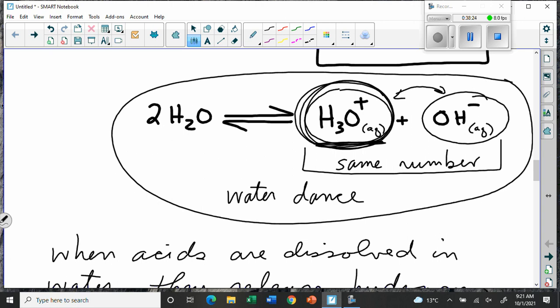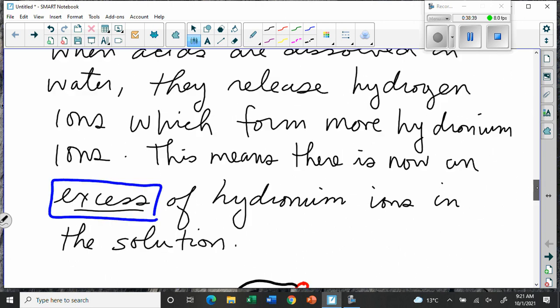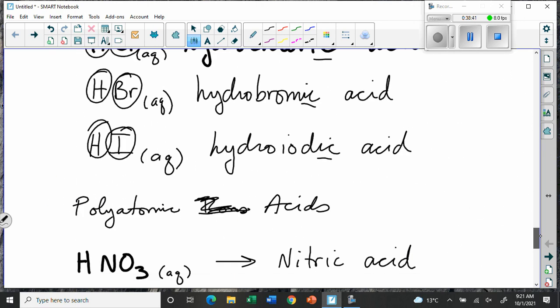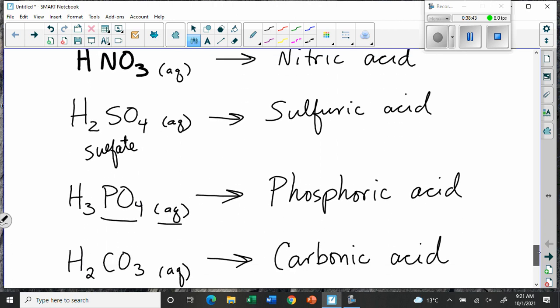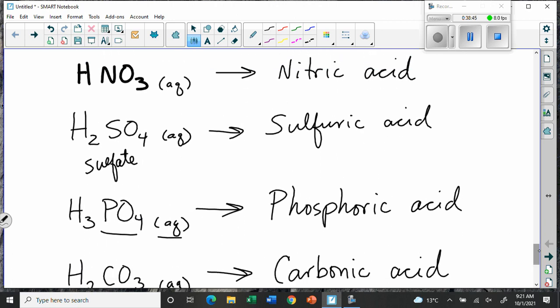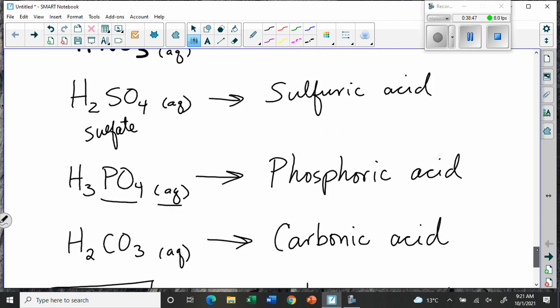So you could imagine that some chemicals will make a little bit of extra hydronium, whereas other acids will make a lot of extra hydronium. Okay? If you look at these acids way down here, you'll notice that some of them have one H, some of them have two H's, and some of them have three.